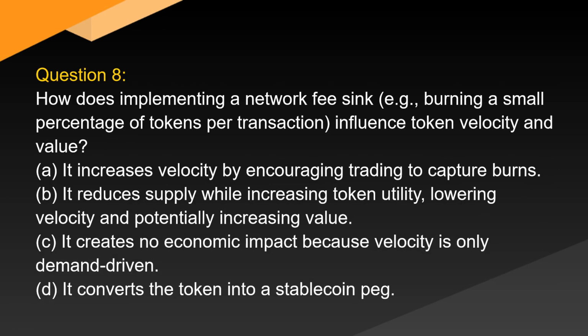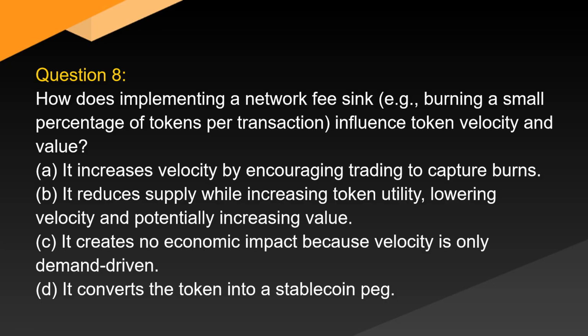Question 8. How does implementing a network fee sink, e.g., burning a small percentage of tokens per transaction, influence token velocity and value? A. It increases velocity by encouraging trading to capture burns. B. It reduces supply while increasing token utility, lowering velocity and potentially increasing value.